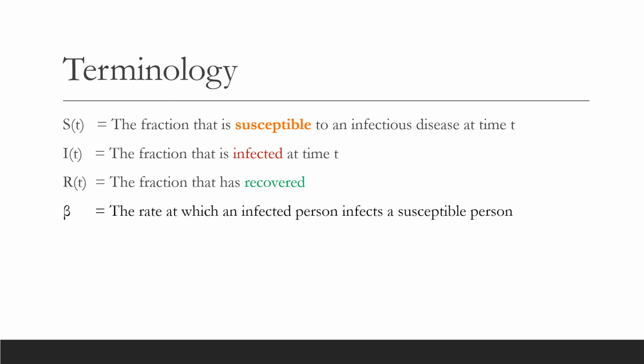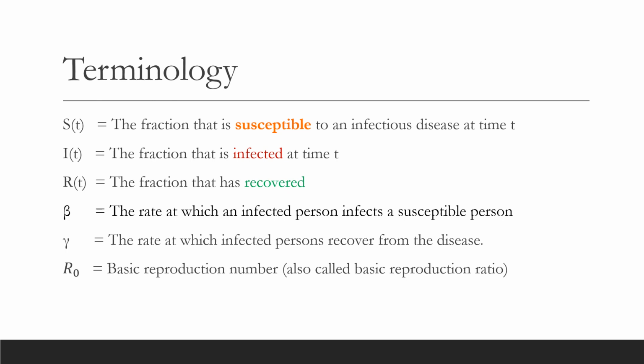Beta is the rate at which an infected person infects a susceptible person. It is also known as the infection rate. Gamma is the rate at which infected persons recover from the disease. So gamma is also known as the recovery rate. And R naught is the basic reproduction number, which is also called the basic reproduction ratio.